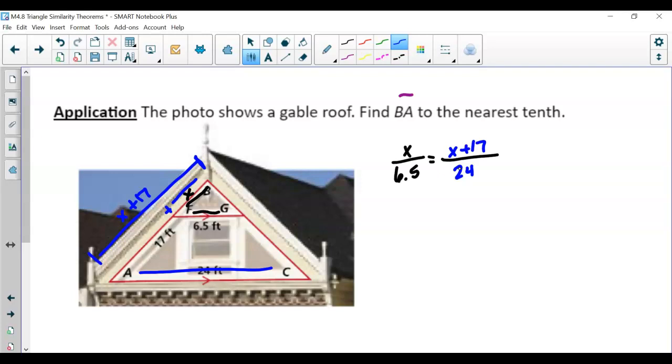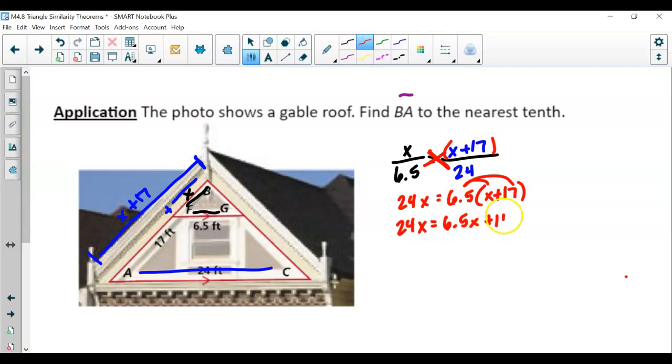Now we can start solving for X here. So with cross multiplying, you've got 24 times X, which is 24X, which is equal to 6.5 times the whole X plus 17. Now we need to distribute. 24X is equal to 6.5X plus 110.5.